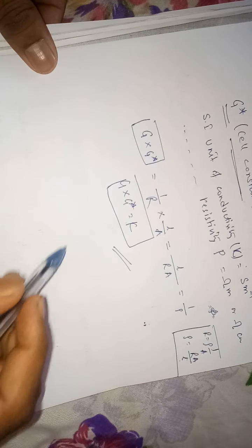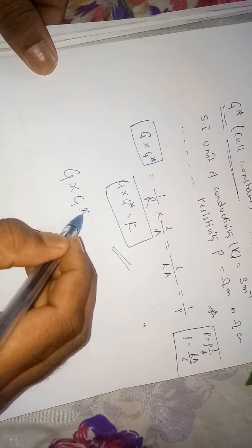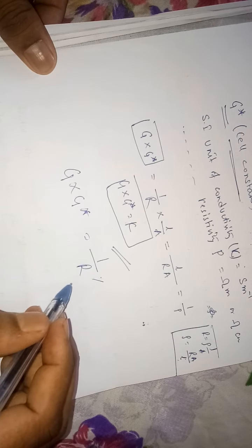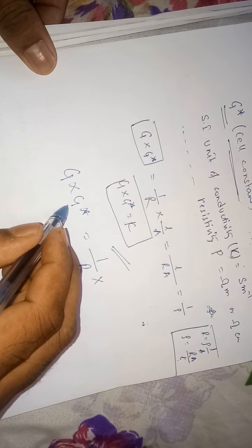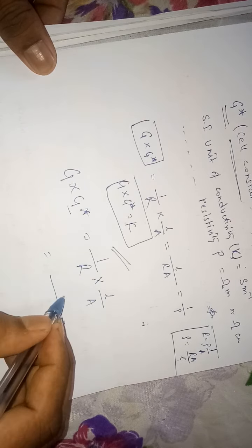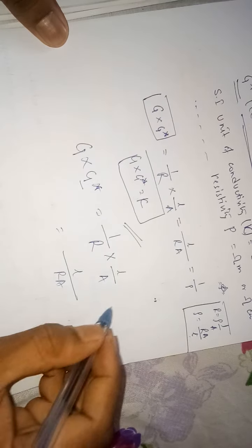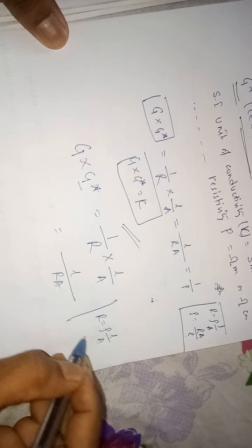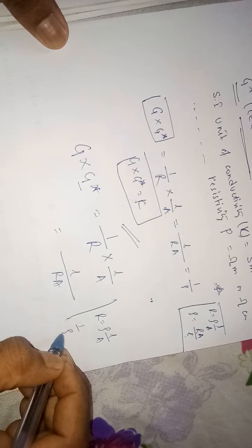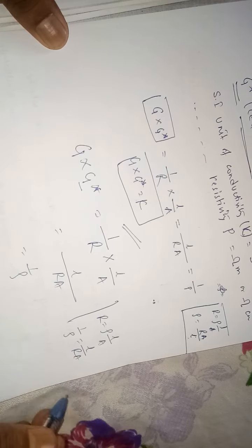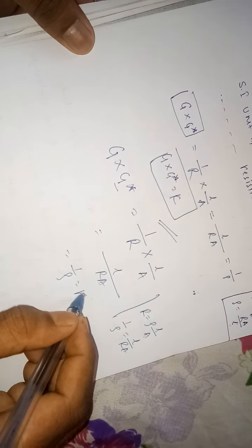This you will remember. Now if you want to calculate G into G star, G is reciprocal of resistance, and G star is cell constant, nothing but L by A. So this is L by R into A. Then what we have read about R equal to rho into L by A, or 1 upon rho is equal to L by R into A. So that becomes 1 upon rho, and 1 upon rho is nothing but your kappa.